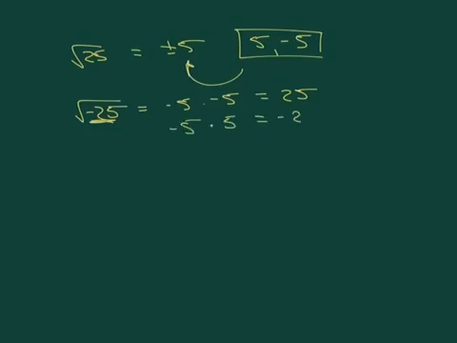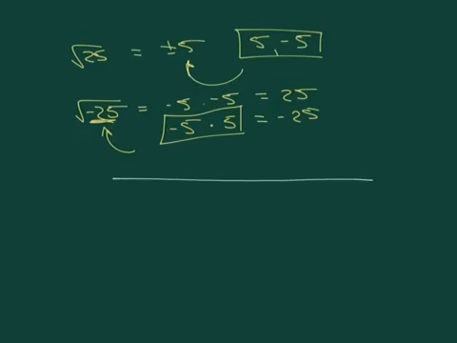But the question is, are those the same number? Remember, we're finding a number that when you multiply it by itself, you get this number in here. So we have a number that we're multiplying, but we're not multiplying by itself, because one number is a negative 5, one number is a positive 5.